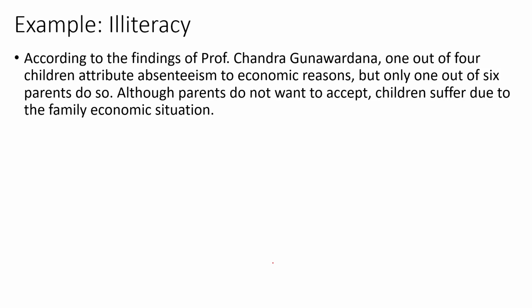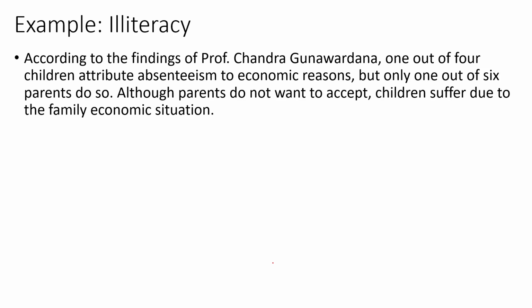Now take another example on illiteracy. According to the findings of Professor Chandra Gunawardena, one out of 4 children attribute absenteeism to economic reasons, but only 1 out of 6 parents do so. Although parents do not want to accept, children suffer due to the family economic situation.